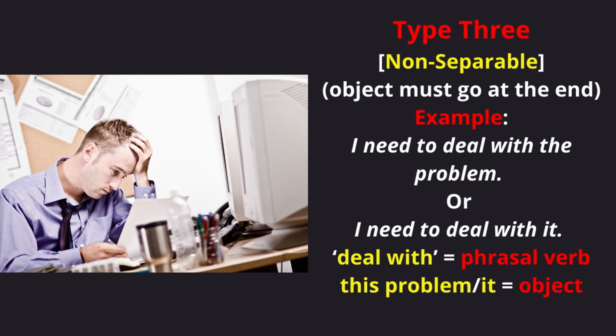Or let's say I need to deal with it. So deal with is of course the phrasal verb, whereas this problem or the pronoun it is the object. So did you notice that the object came at the end and it cannot be broken?